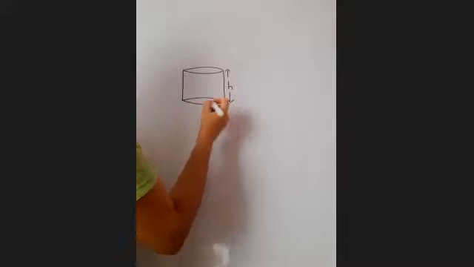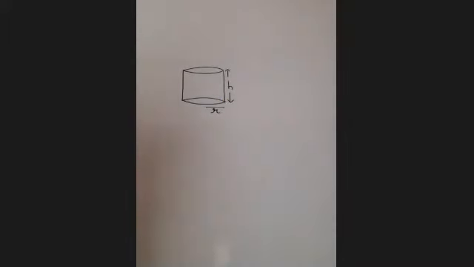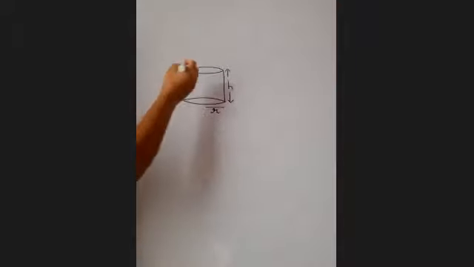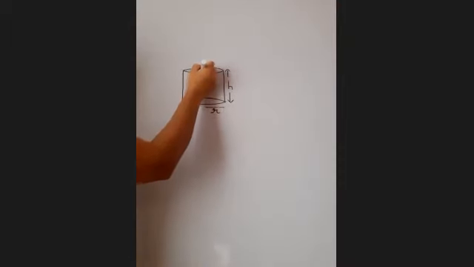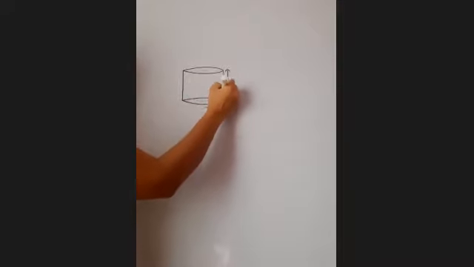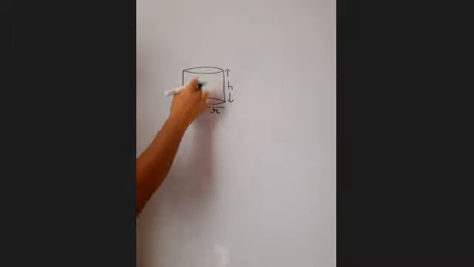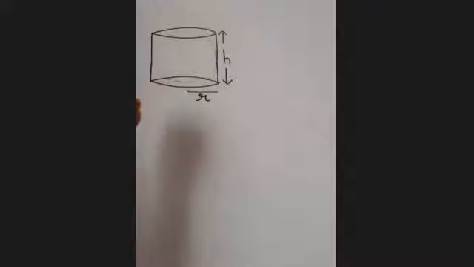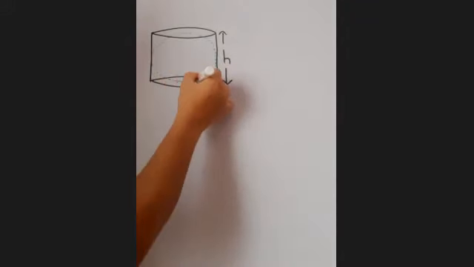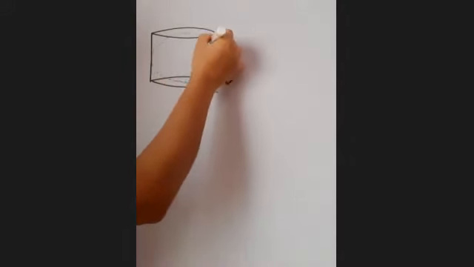We are going to take a sphere whose radius is the same as the radius of the cylinder, and it touches the cylinder from the top and the bottom as well.